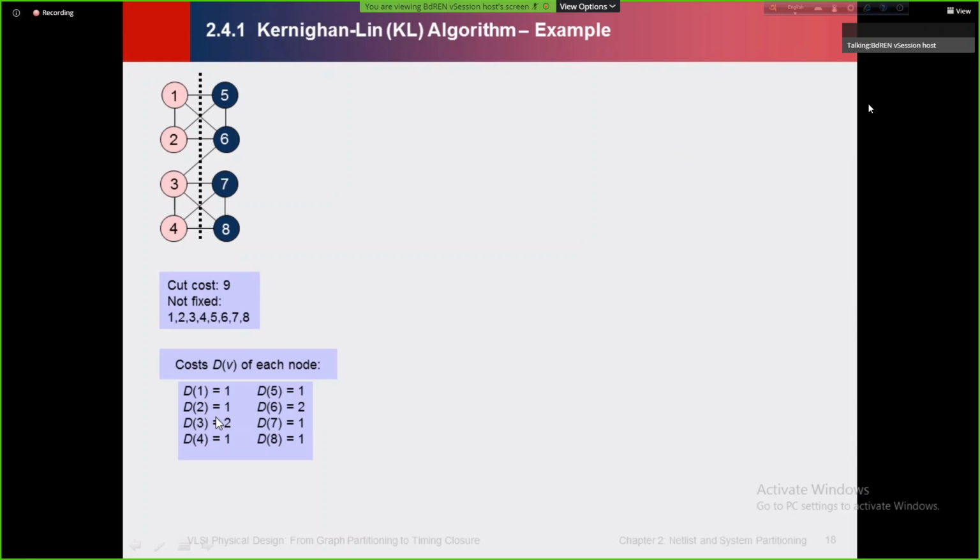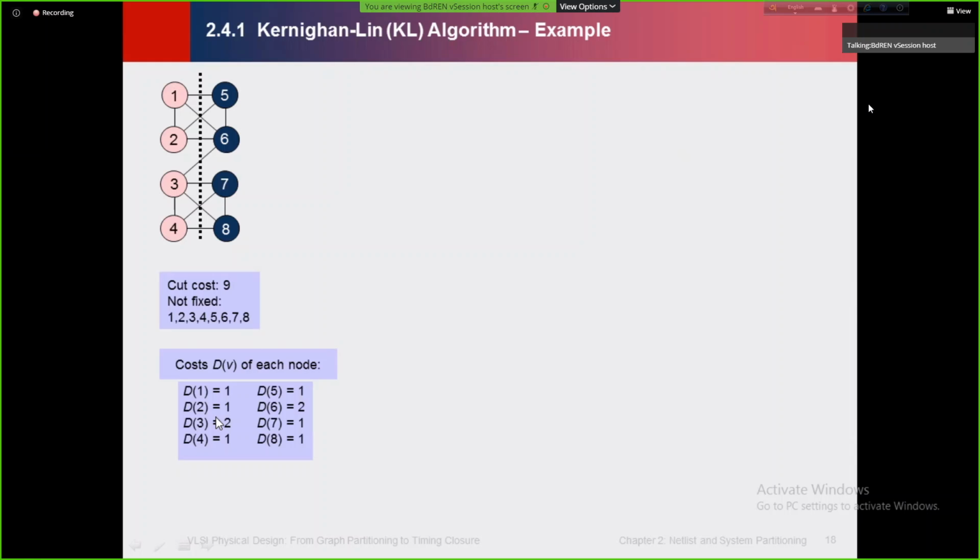We have just seen in previous slides that by swapping 3 and 5, the gain is equal to 2 plus 1 minus, there is no connection, so 2 into 0, that means 0, equal to 3.